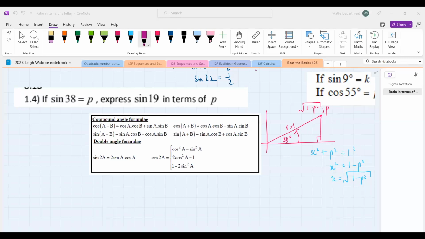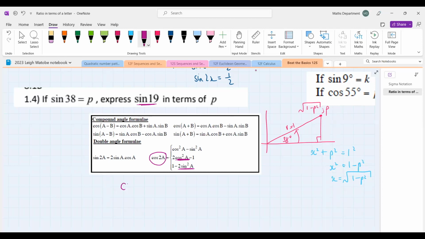Because when you have got a cosine double angle, you can use that to get the cos of A, or you can get the sine of A. In this case, they want the sine of 19. So you're right, Pinga.